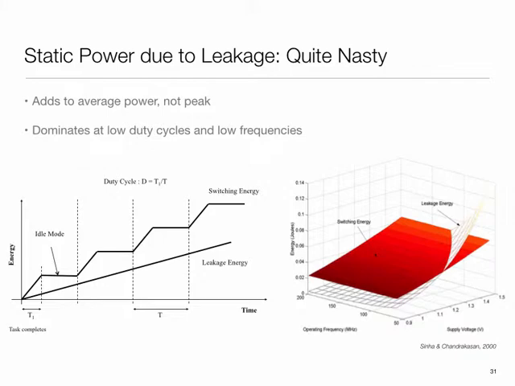During that time, the leakage energy is going to continually increase because the system is on, it's powered up. Whereas the switching energy, the dynamic energy, the first term, increases while the system is on, and then flattens out while the system is idle. So from a leakage perspective, the proper strategy is to run as soon as possible and be done with it.